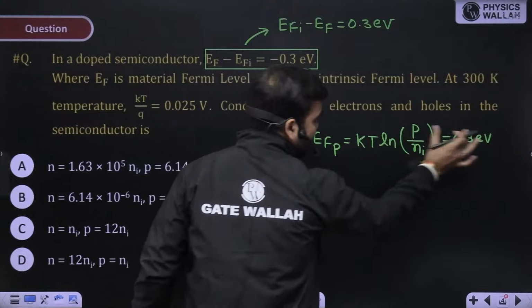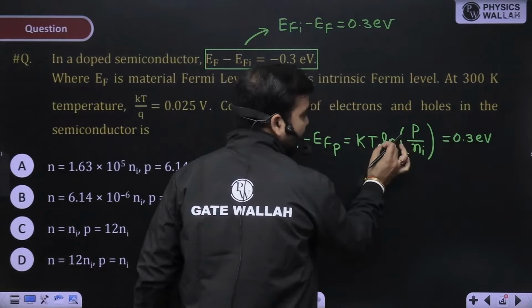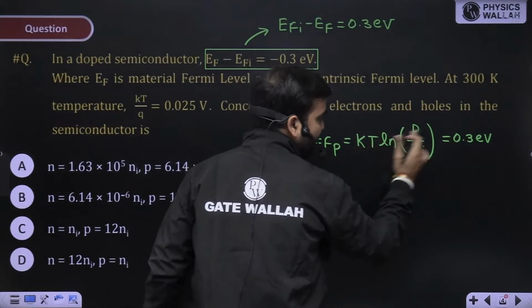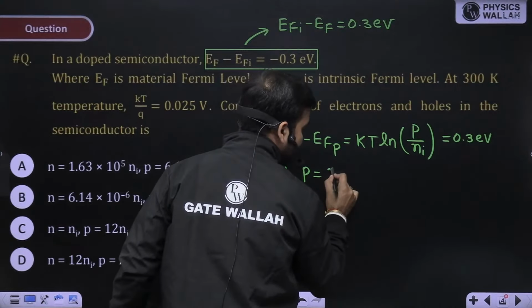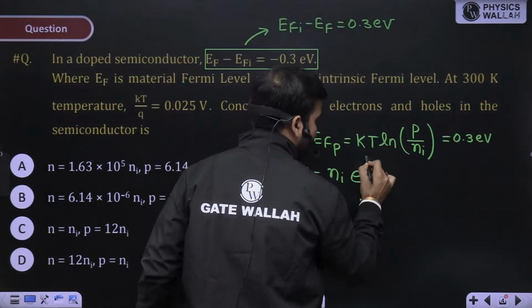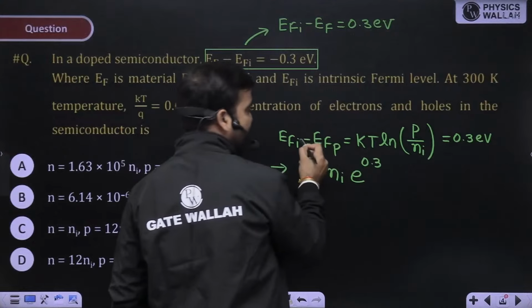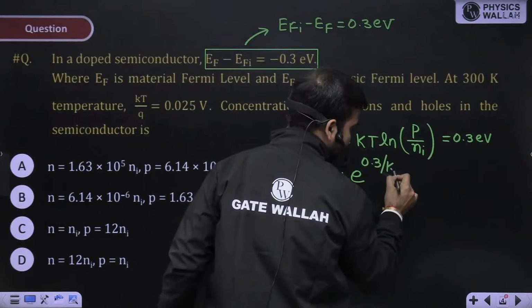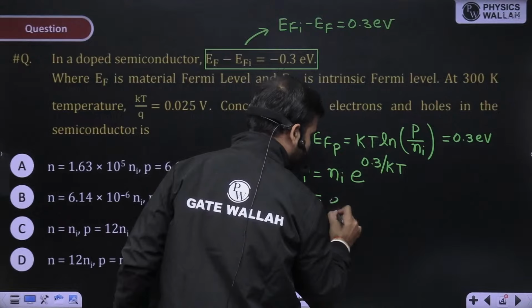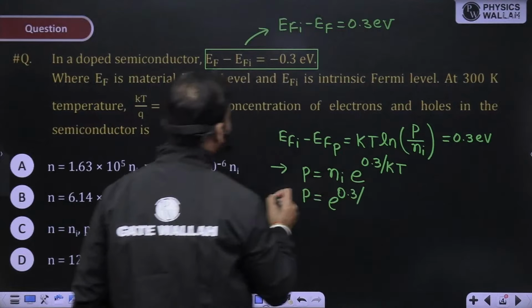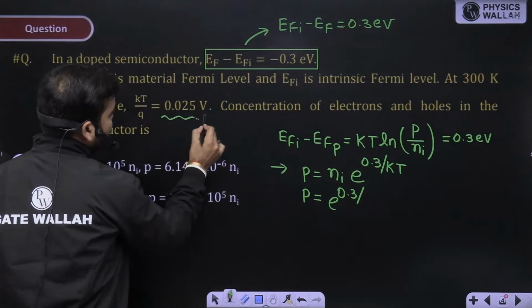Now take kT to the denominator and take the exponential to remove the log. Then p equals ni e to the power of (EFi minus EFp) divided by kT. So the hole concentration p will be ni e to the power of 0.3 divided by kT, where kT is 0.025 volt.